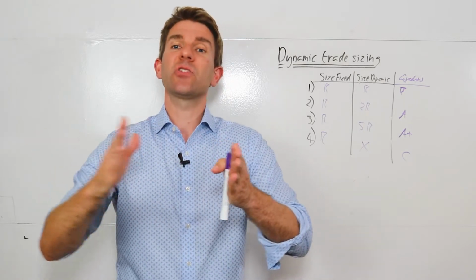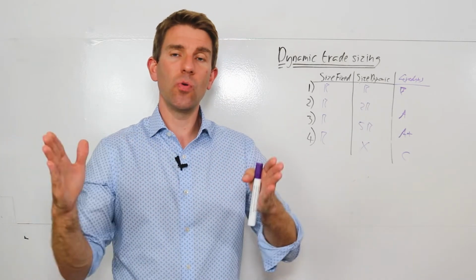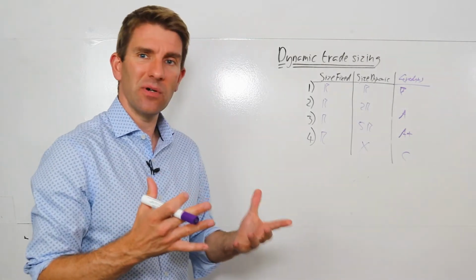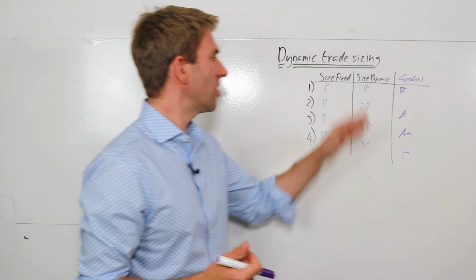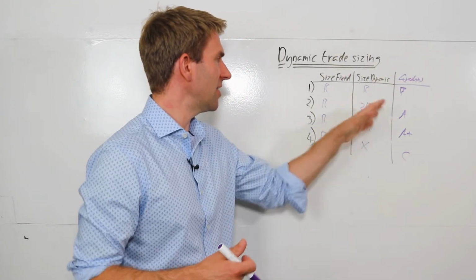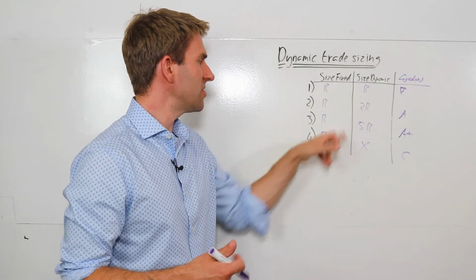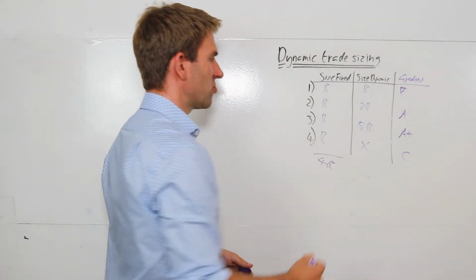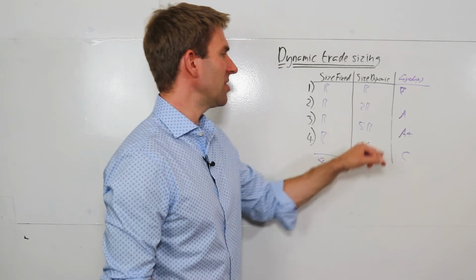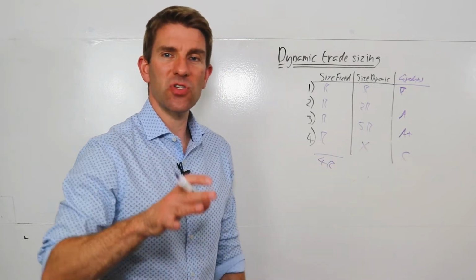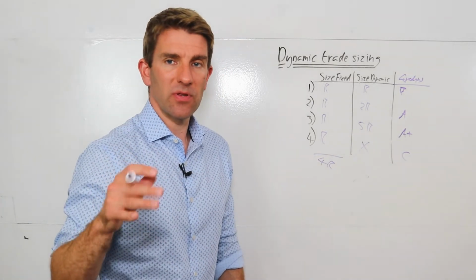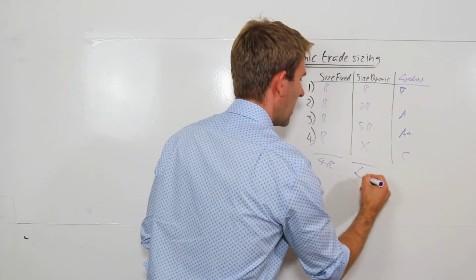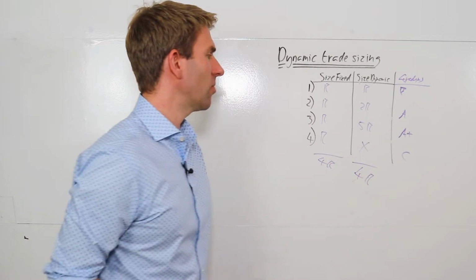And so you then categorize your plays, and if you want to be really good at this, you can be a judge yourself. Rather than these arbitrary things, you can go, okay, if I'm risking a total of 4R, imagine I'm risking 4R on these trades, I might go, well, actually, maybe I'm going to split my trades up and still risk 4R overall on these 4 trades, but perhaps I'm going to adjust the way that I trade them.